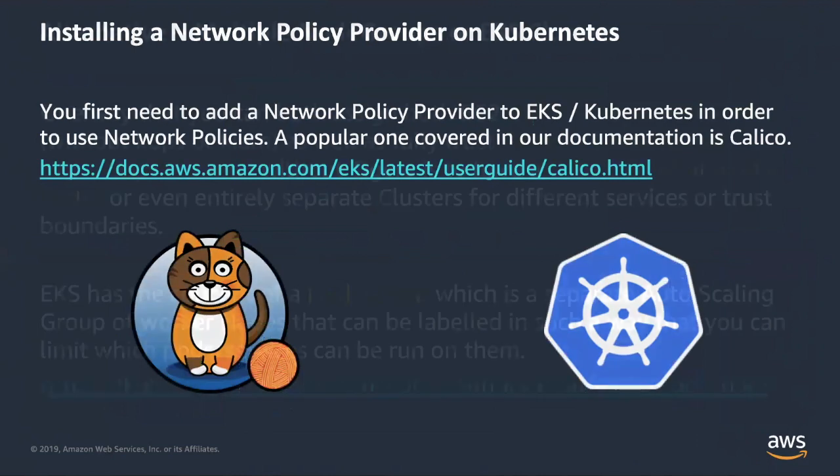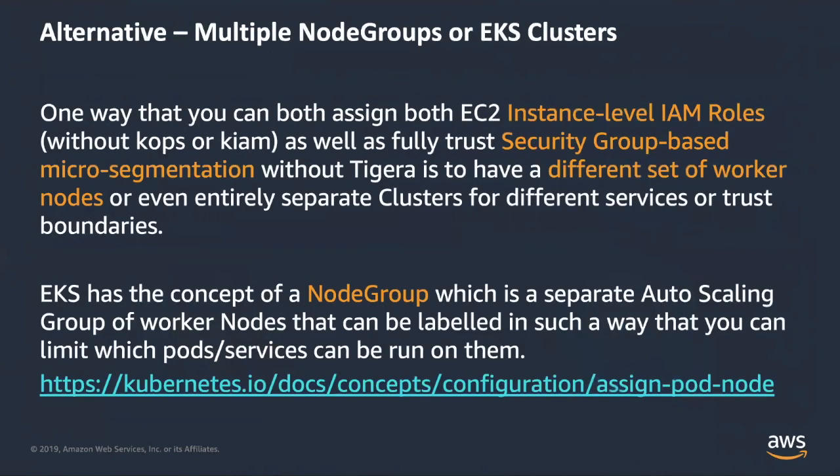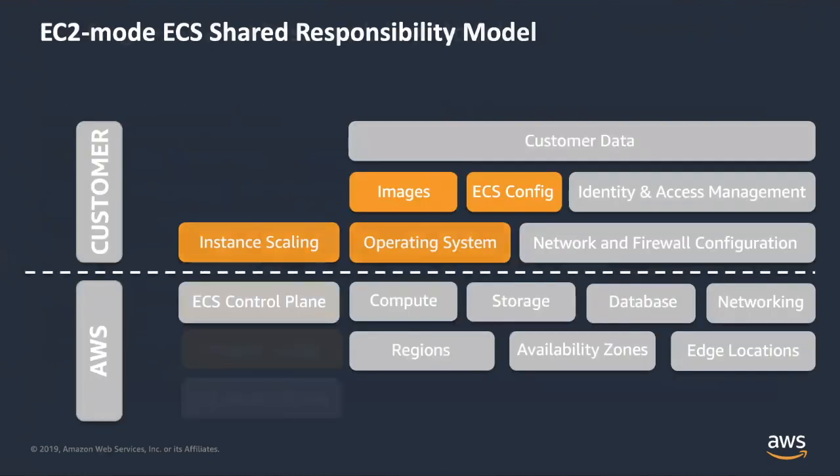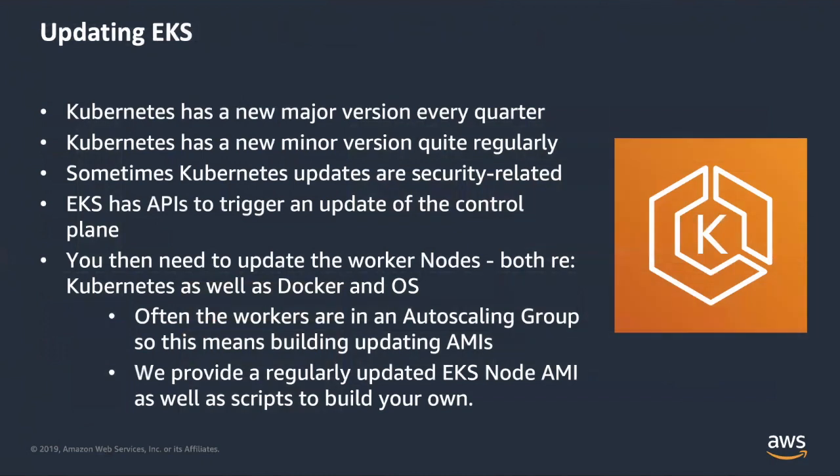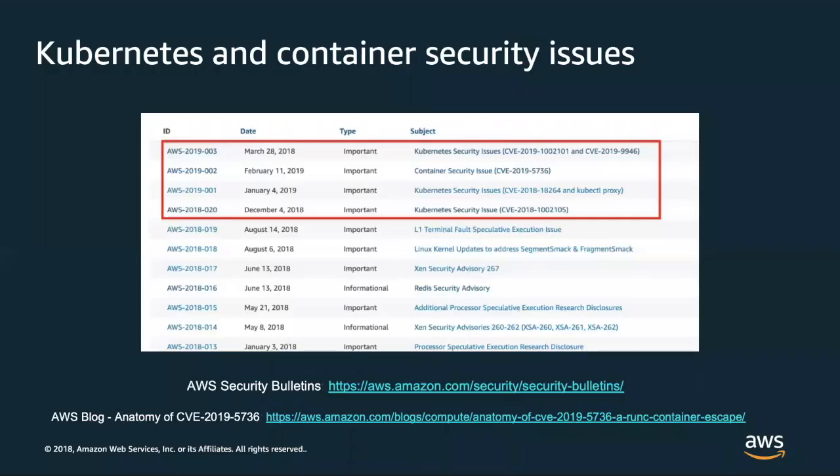And when it comes to separating workloads, you may want to run entirely separate clusters for different layers of workload. As Kubernetes itself gets updated pretty frequently, we can do that for you. We can deal with the heavy lifting on that if you run EKS, and you also don't need to update your nodes so much if you're running on Fargate.